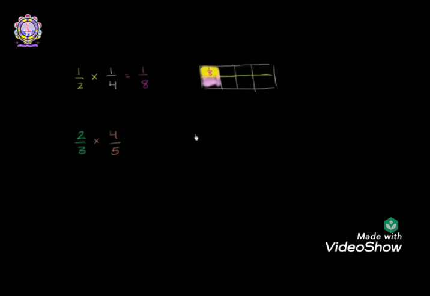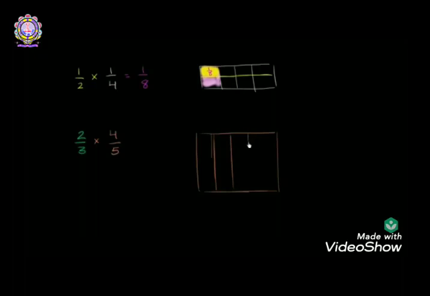Let's represent 4/5. If I have a whole like this, let me try to divide it into 5 equal sections. That is 1 equal section, 2, 3, 4, and 5. I can do a better job than this. This is always the hard part. I'm trying my best to make them look at least like equal sections.